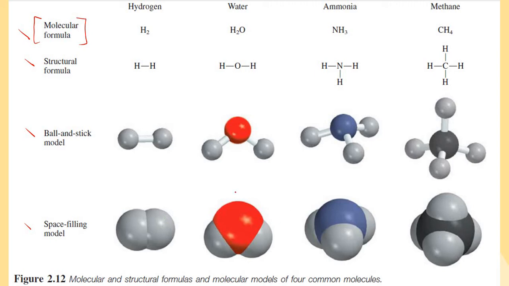This is a closer representation to what it actually looks like in actual life, because they tend to overlap when it comes to sharing of electrons. They share their electrons, right? So it's not really that far away. This is a little closer to what it really looks like.